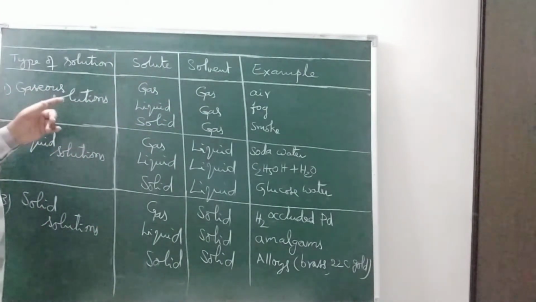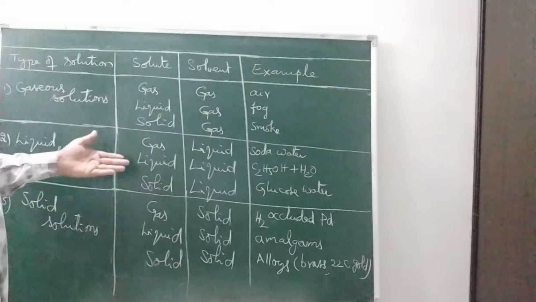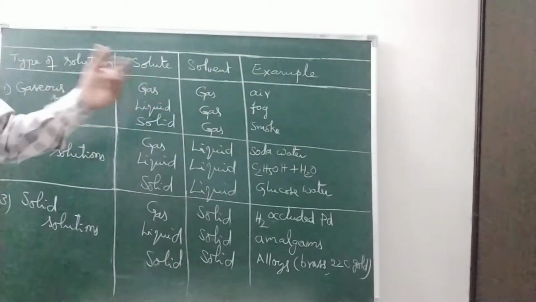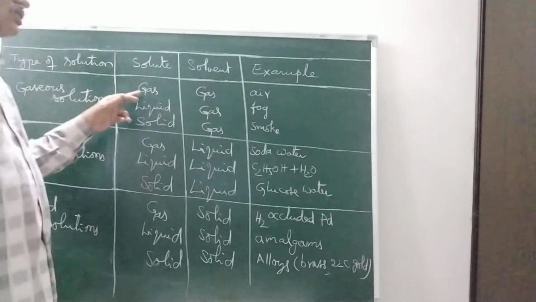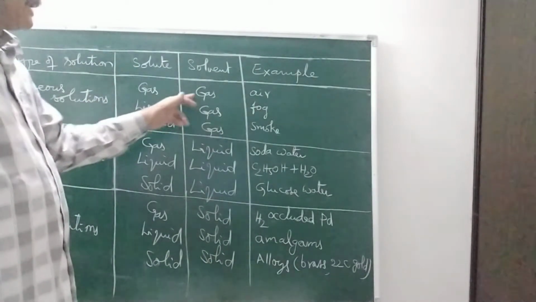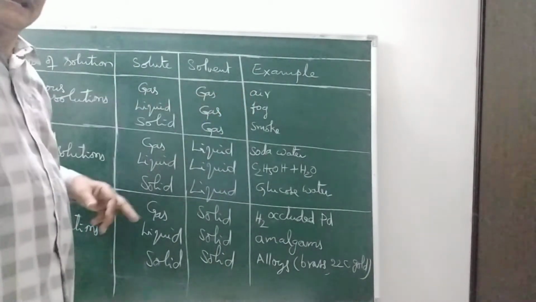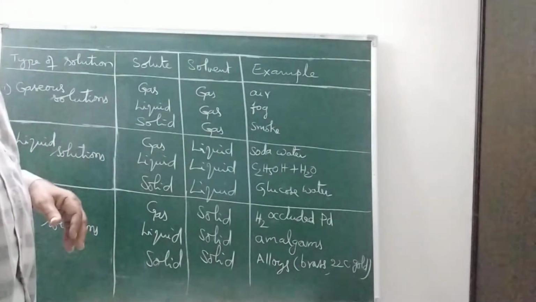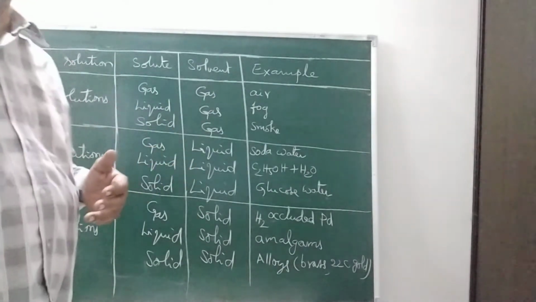Now we will discuss these 9 types of solutions one by one with examples. So gaseous solutions, gas in gas type of solution. Example: air. We know that air is a mixture of a large number of gases.